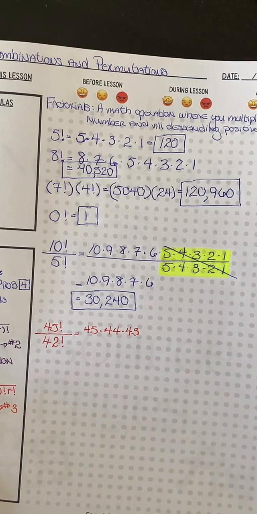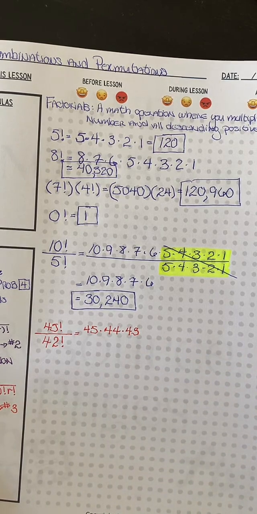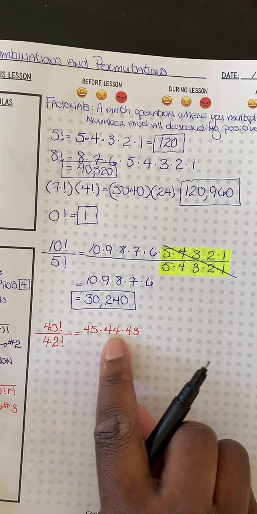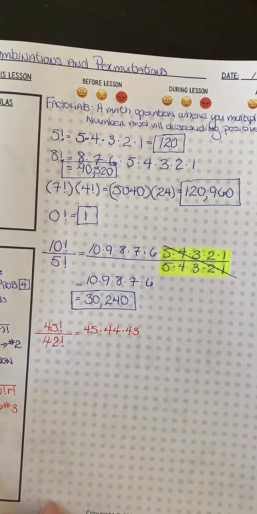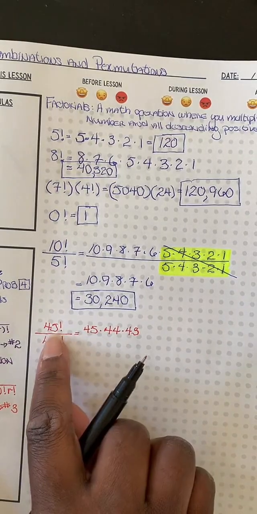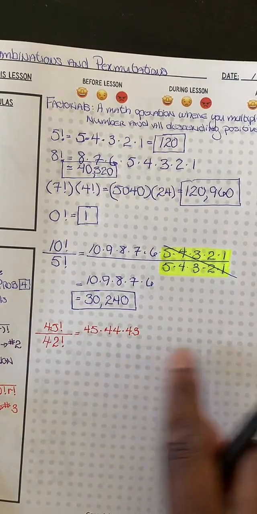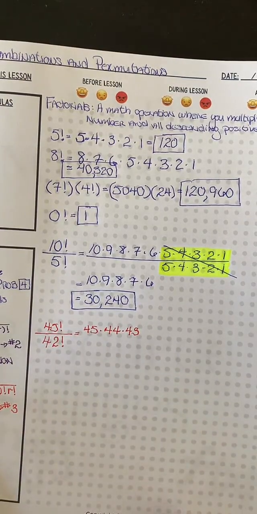So what is a factorial? It's a math operation where you multiply the number and its descending numbers of positive integers. So it's basically like a shortcut. Instead of me representing all the numbers from 45 all the way to 1, I use that factorial symbol.